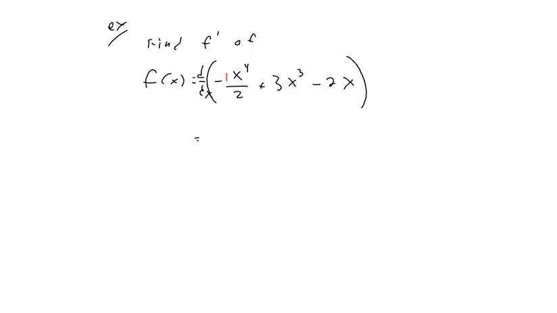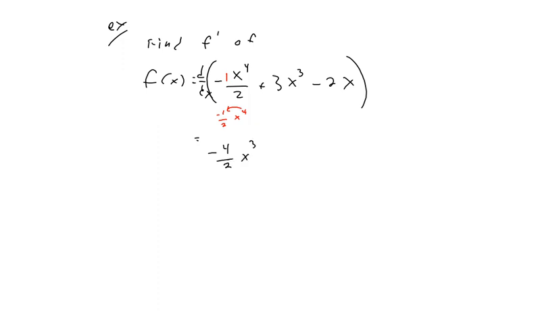I imagine that negative 1/2 is my constant part. Take that out. X to the fourth power, I follow my power rule. Take the 4, multiply it by the beginning, and bring it down by 1. So this is going to become negative 4 over 2 x to the third power.